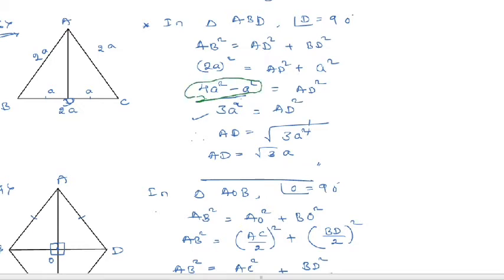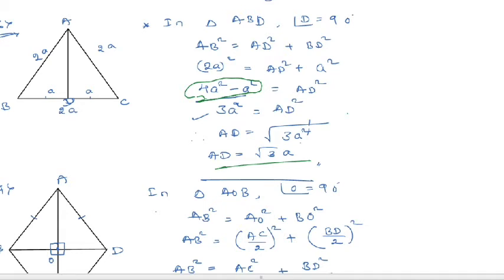You will get 3a square, equal to AD square. So, the square comes to this side and becomes the square root of 3a square. So, AD is equal to root 3 a, because the square root of 3 is root 3, and the square root of a square, the square and root get cancelled, gives a. So, AD value is root 3 a.